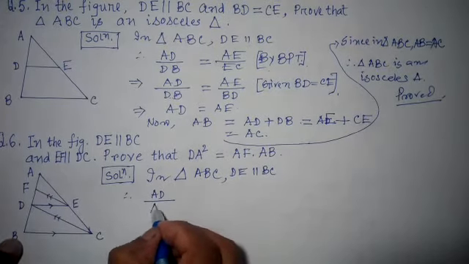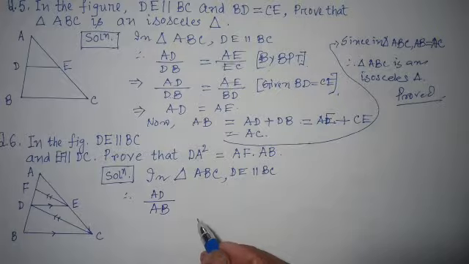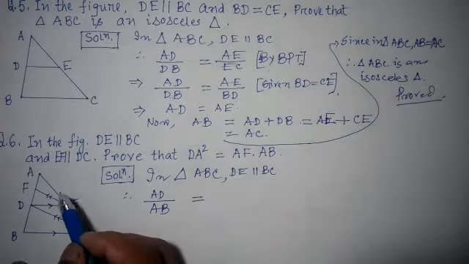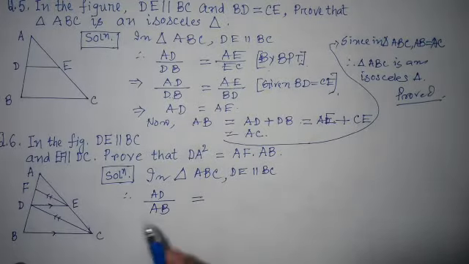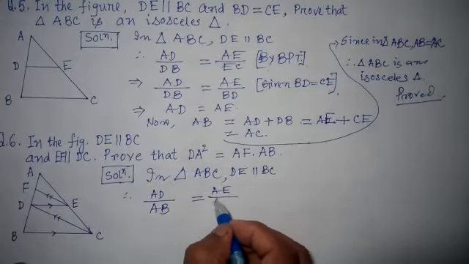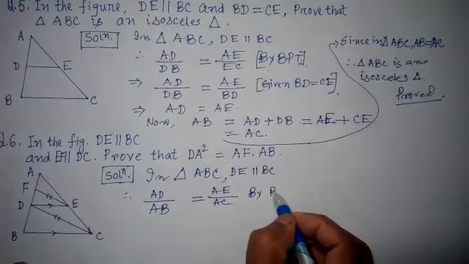Take the small part by whole part. AD by AB is equal to, and this side also take the same, AE by AC, small part by whole part. This is by BPT.